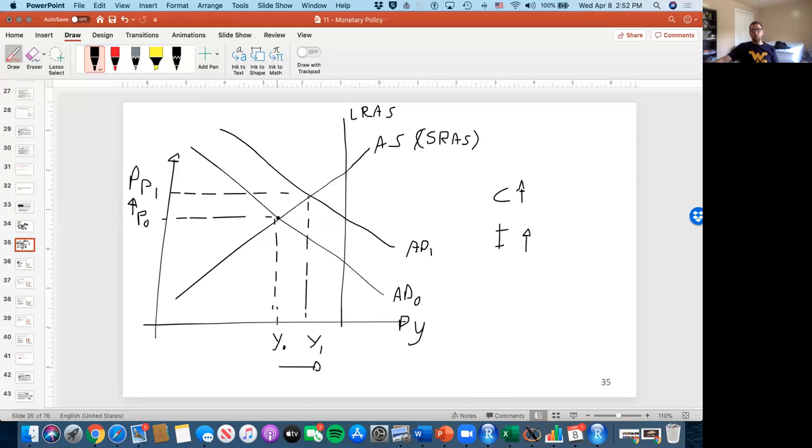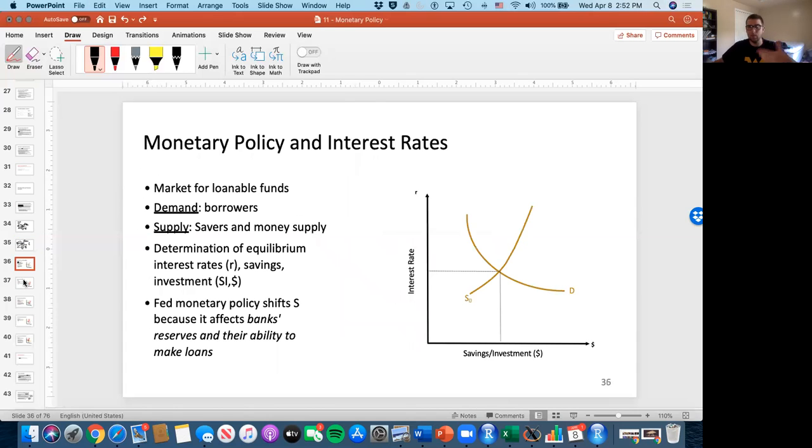So we're moving from this point to this point right here. So we have a higher output because we're expanding the economy through monetary policy. However, price also increases.